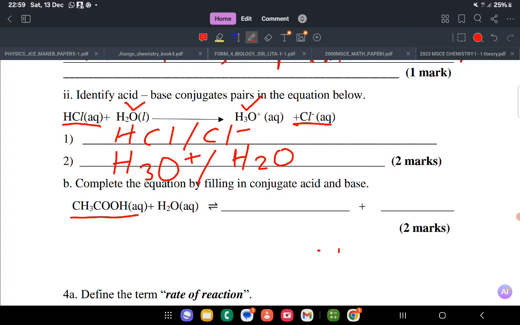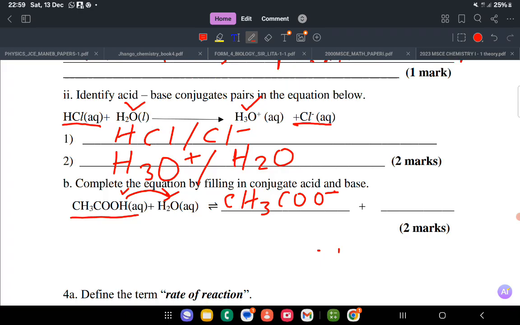So it will donate hydrogen, and that hydrogen will be received by H2O. So in this case, what will remain is CH3COO, sorry, COOH. Yeah, this hydrogen will be removed, it will go there. Okay, so what will remain is minus.